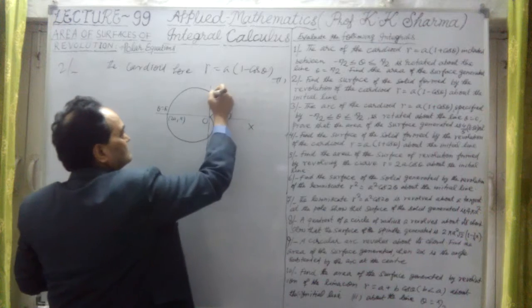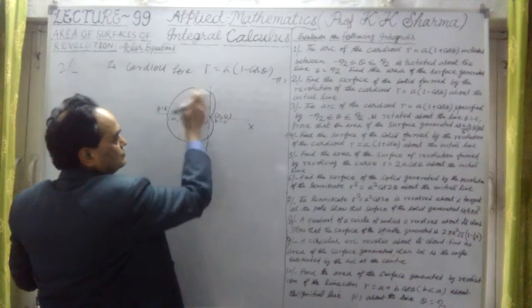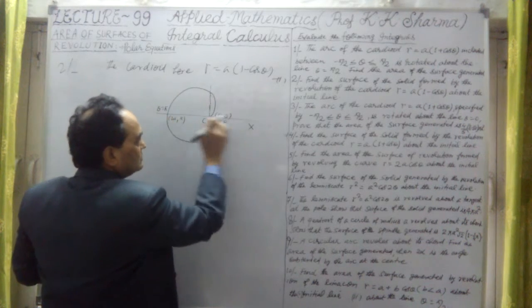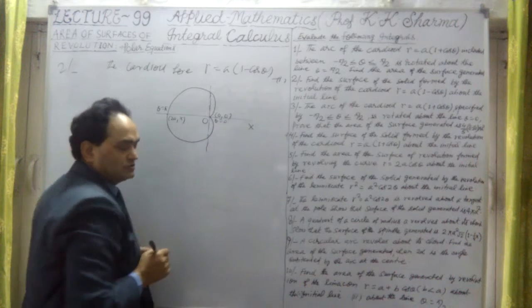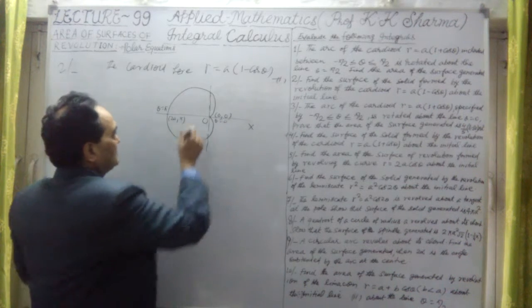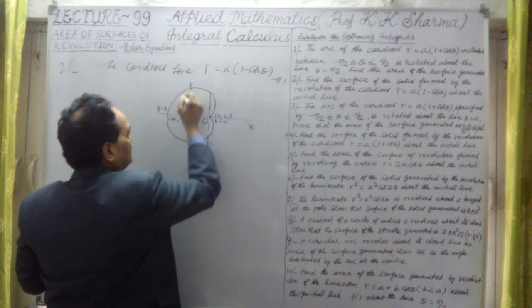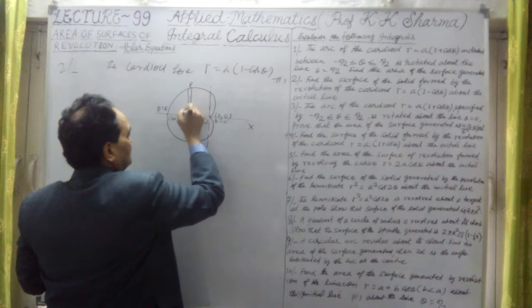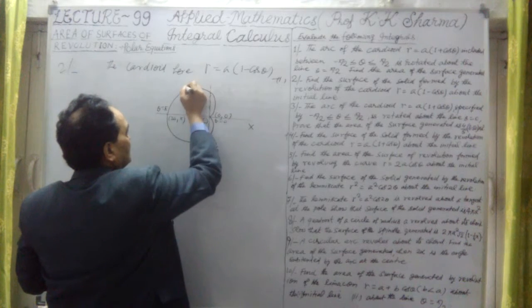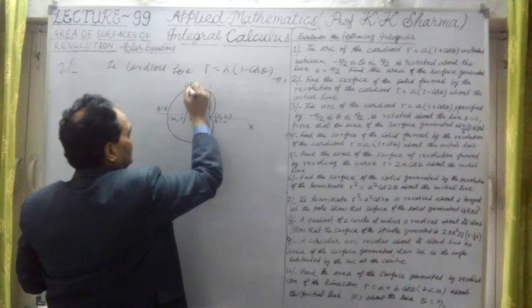Now this is the cardioid which is revolved about the initial line, this at theta equal to 0. So we have to revolve about this line. If I take P point here, and that is P point, let me take Pn, and this is Q here, and delta S is this arc length.